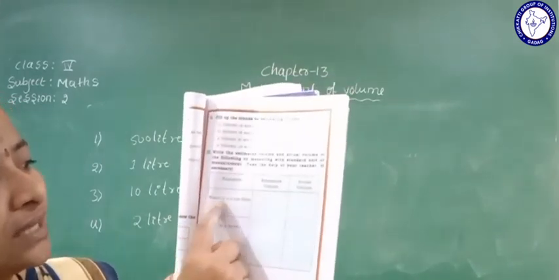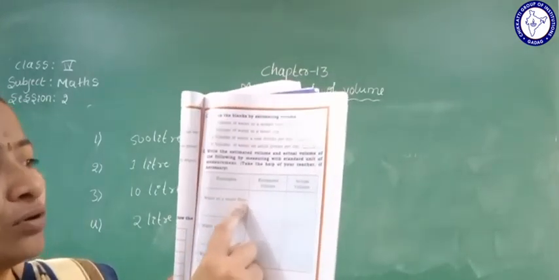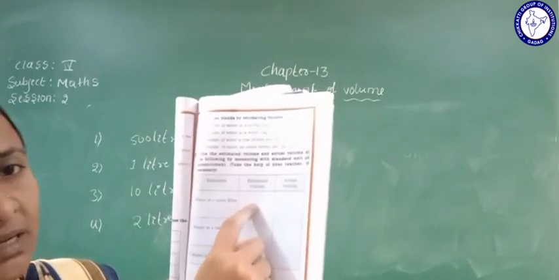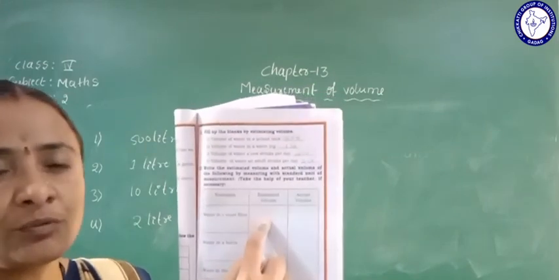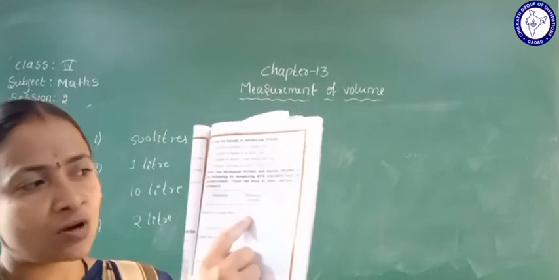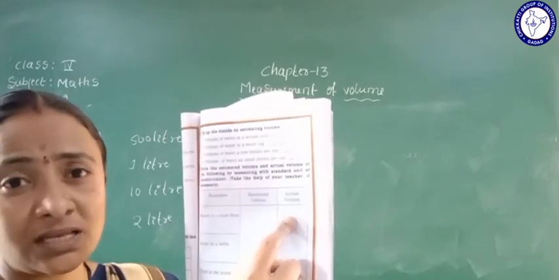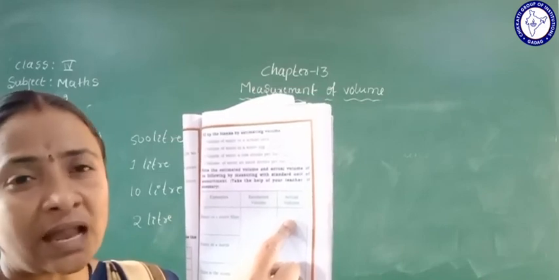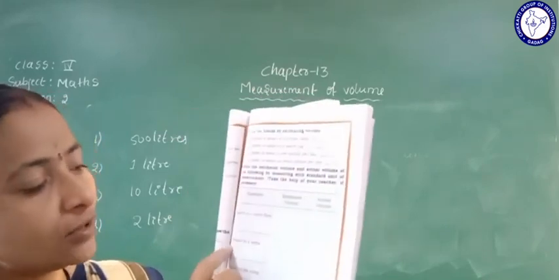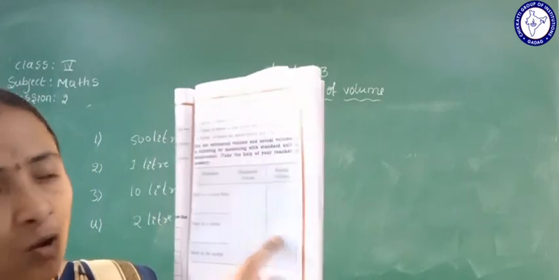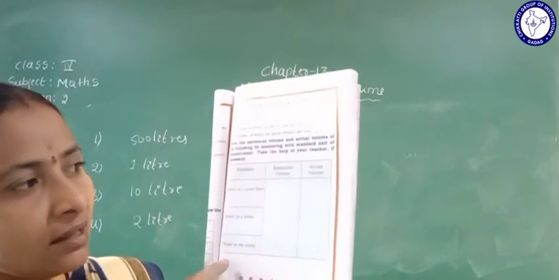First one is given here, water in a water filter, how much can be estimated? For example, we will say up to 8 liters capacity of water, but the actual capacity of water is 5 liters. Then water in a water bottle, the actual and estimated capacity.